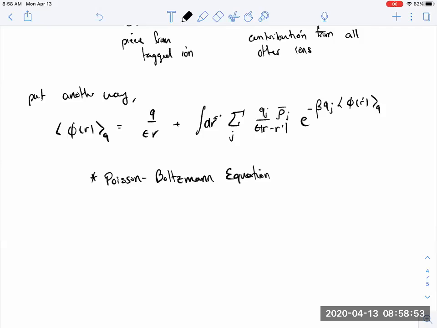Poisson, because this is a relationship between a field and a charge density. Boltzmann, because we use Boltzmann statistics to get that average charge density. And it is really hard to solve because it's nonlinear. We have a potential both on the left-hand side and in the exponential of the right-hand side.